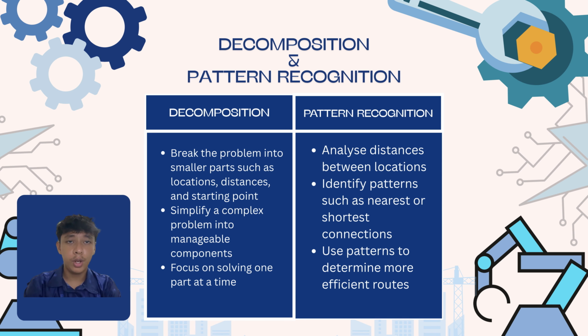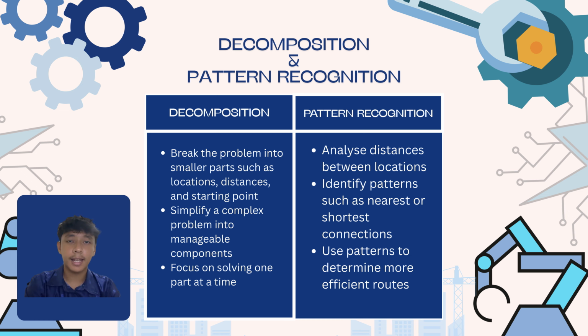In this step, we begin by applying decomposition, which means we break down the problem into smaller and more manageable components. For example, we identify the number of locations involved, the distance between each location, and the starting and ending point of the route. Next, we apply pattern recognition by analyzing the distance between locations to identify patterns.